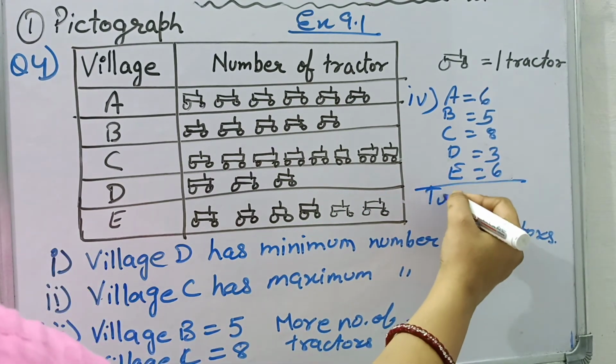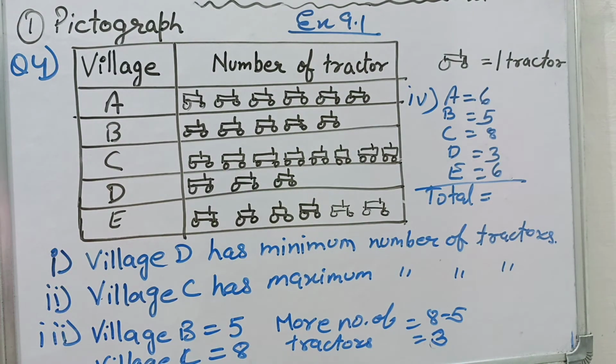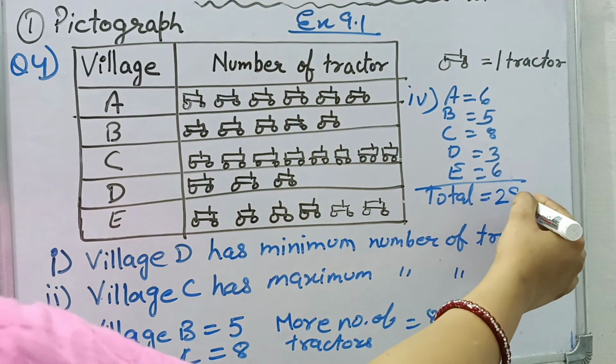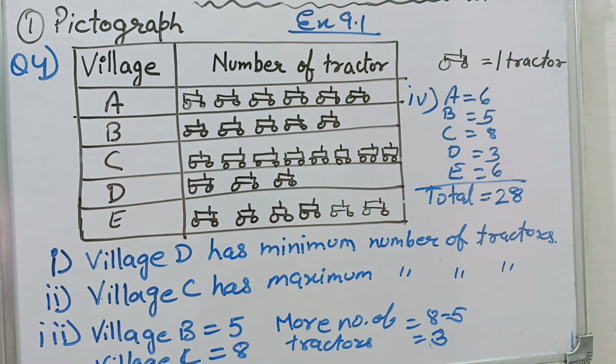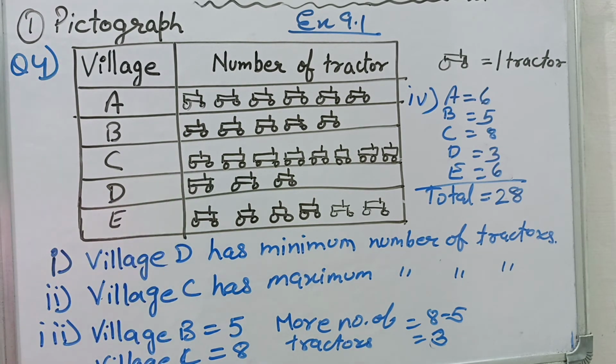Now add them up and your answer is 28. So in all there are 28 tractors in all the 5 villages. So this is how a pictograph looks and how you will read a pictograph.